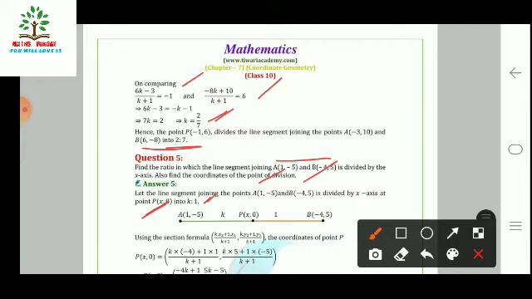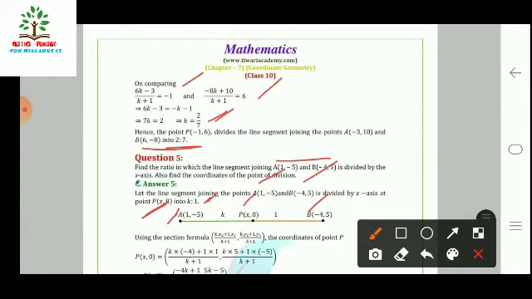Just making the figure: we have A, then B, then P, writing the coordinates (1, -5) of A, (-4, 5) of B, and (x, 0) of P, and the ratio is k is to 1.